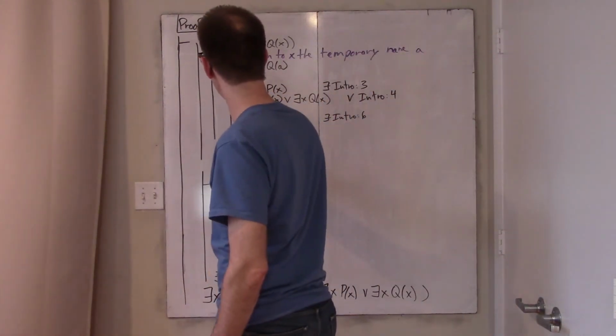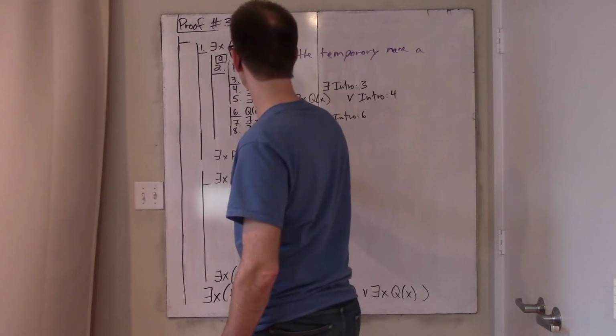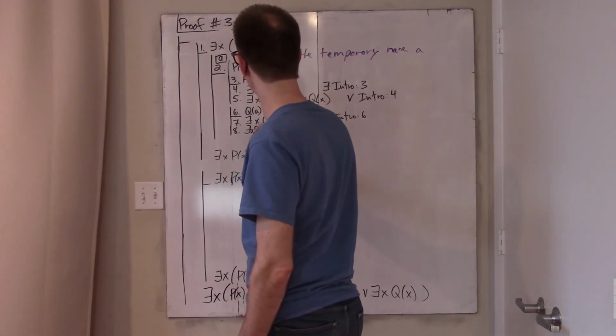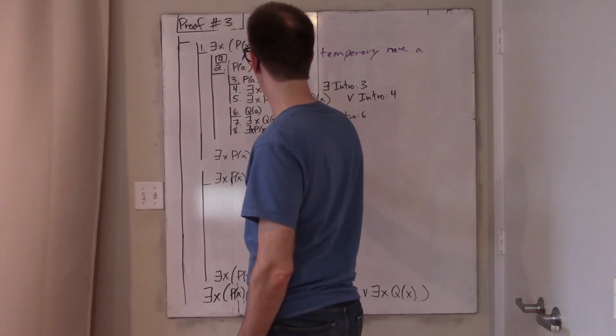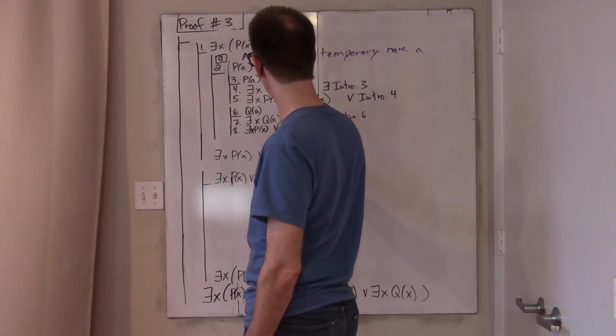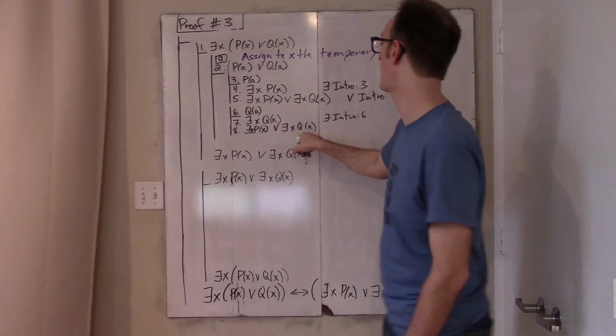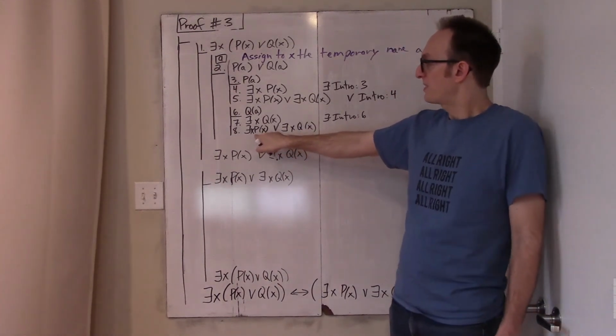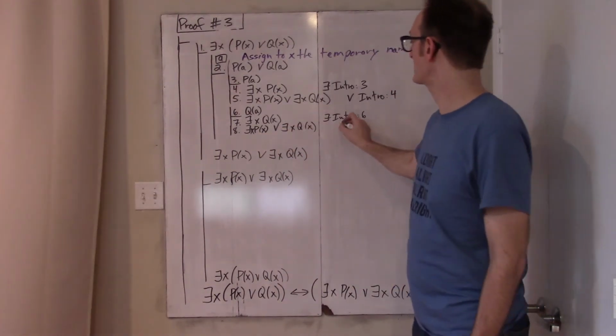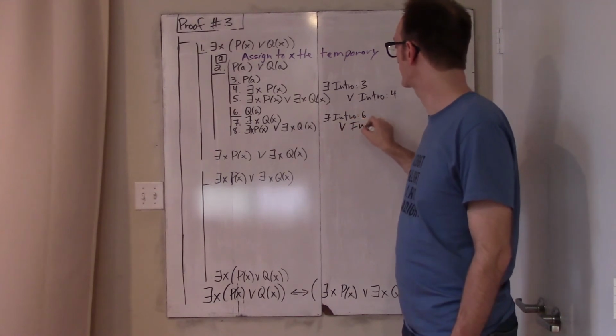And then I OR on there exists an x P of x to the front of there exists an x Q of x. This is just a straight-up OR intro, line 7.